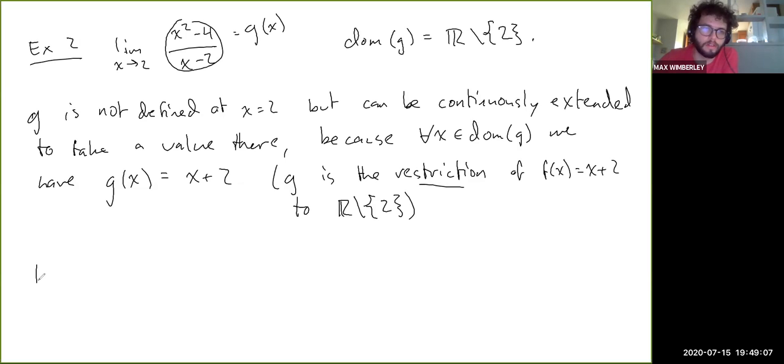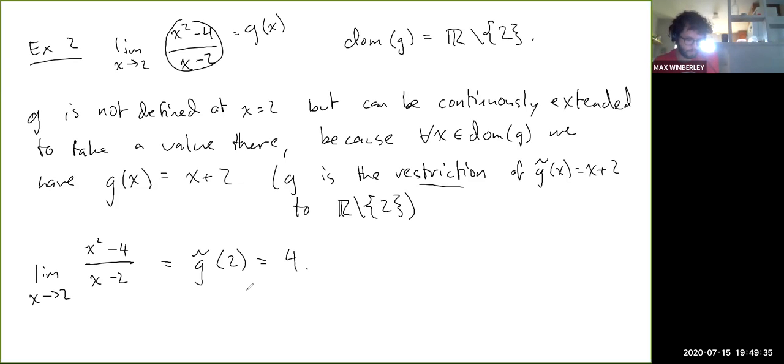Let's call the extension g tilde, just to be consistent with the notation. So the limit as x approaches 2 of (x squared minus 4) over (x minus 2) is g tilde of 2, which is 4.